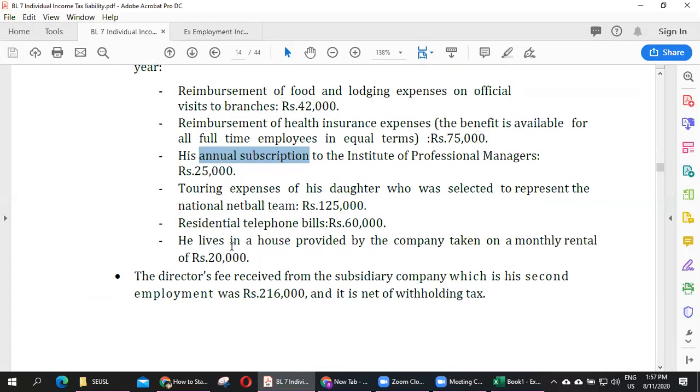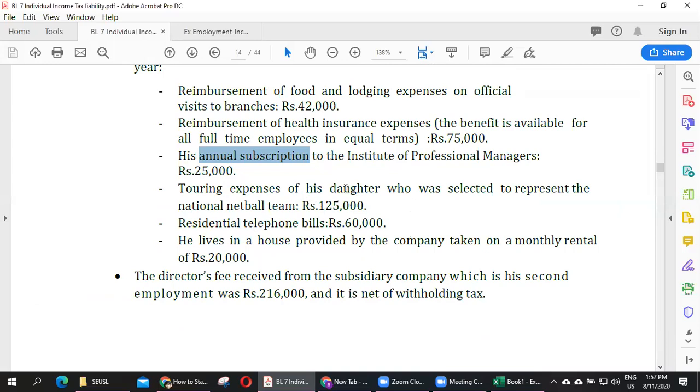And touring expenses of his daughter who was selected to represent the national netball team. So is it income or not? The company has given an appreciation grant, a donation to his daughter. That is income, right?